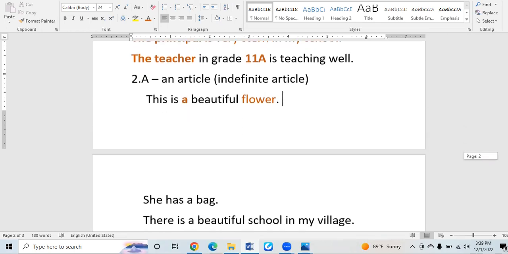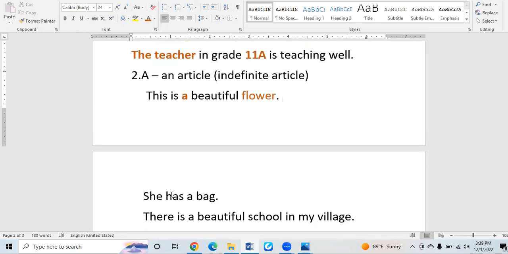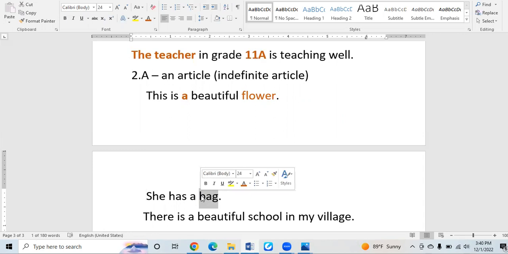Okay, let's move on. She has a bag. Then what does it mean, she has a bag? Then there are a lot of bags, and even if you say she has a bag, she is not the one and only one who is using a bag. So you cannot say the bag. There are a lot of bags in a country.